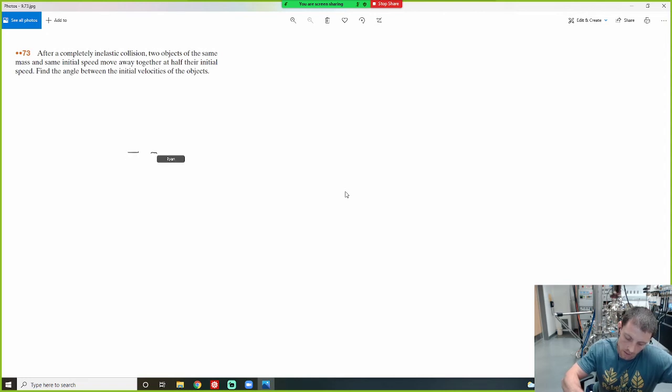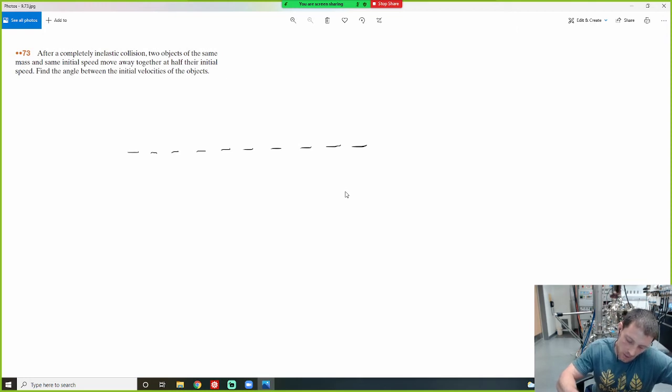I'm going to think of this as happening such that after the two objects collide, they move in the x direction. And this is fine because we can always assign our x direction such that this is true, right? Like if you imagine that this is happening and say you're looking at it from above and it doesn't look perfectly horizontal, well, you could just twist your head so that it does, right?